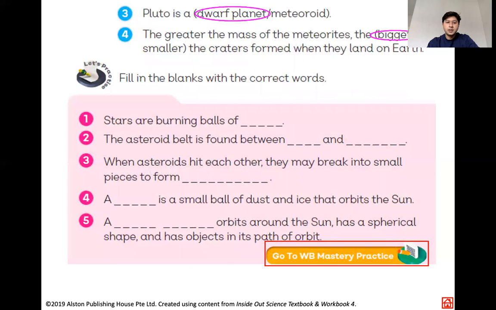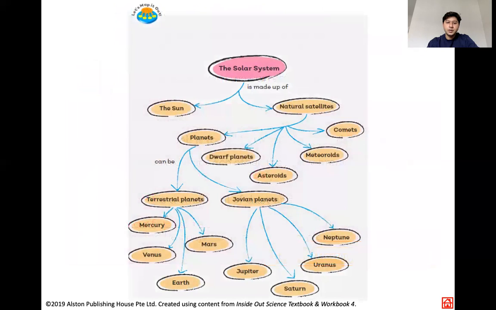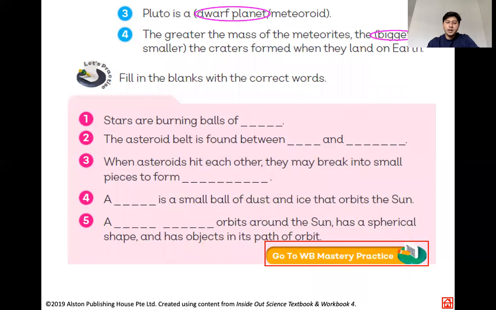Number 3, when asteroids hit each other, they may break into small pieces to form meteoroids. Yes, correct. Number 4, a dash is a small ball of dust and ice that orbits the sun. We just studied. What is it? Comet? Yes, it's a comet.